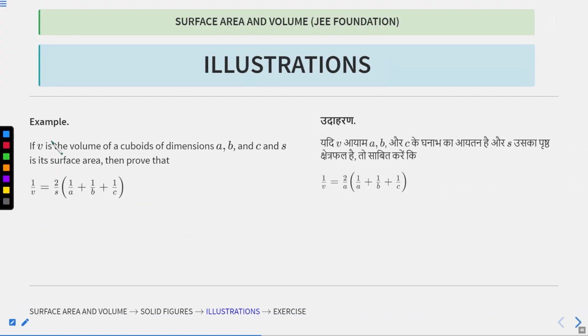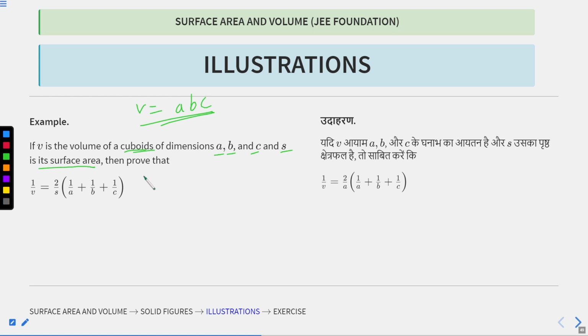Now this problem says if V is the volume of a cuboid, we know the volume of a cuboid is LBH. Sorry, the dimensions are A, B, C, so just replace LBH by ABC. So the volume is ABC, and S is its surface area.